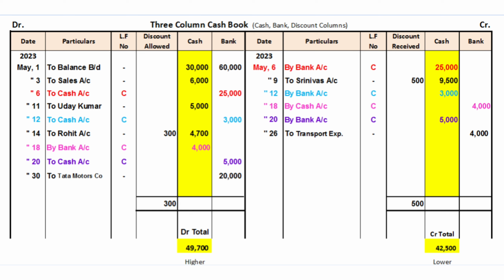Now make the balance of the cash column. For that we need to find out both the totals of the cash column on the debit side and credit side. After finding the two totals, we should enter the higher amount in the total box of the cash column on both sides, and then deduct the lesser amount from the higher amount and find out the difference.